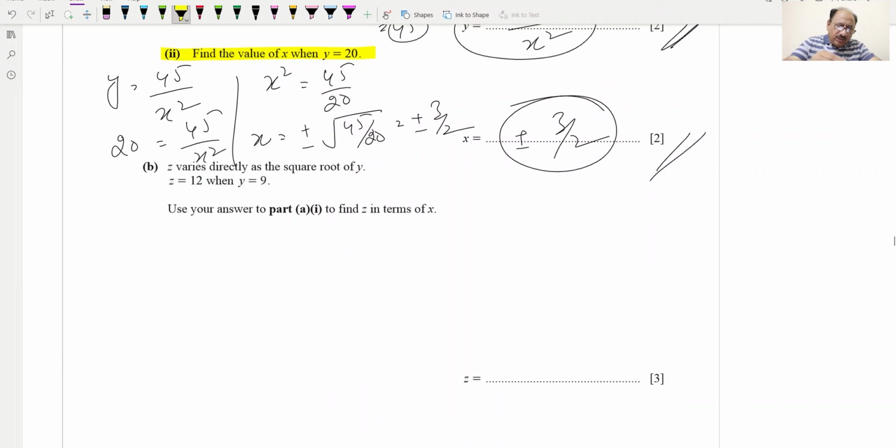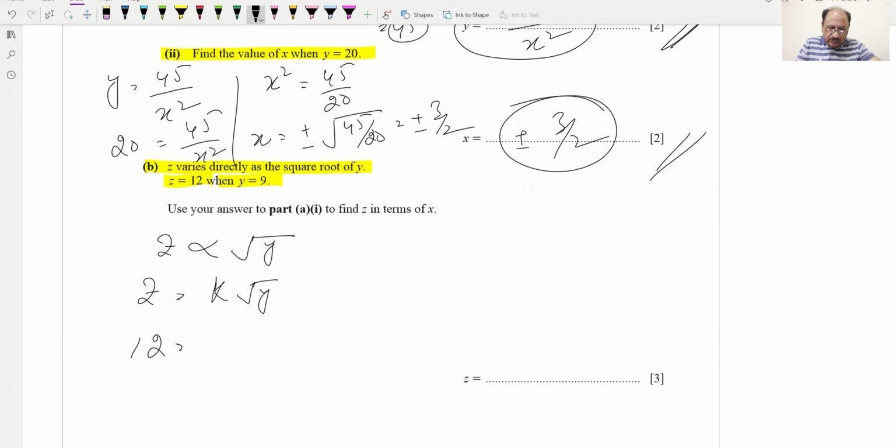Now B part says z varies directly as square root of y. So we can write this as z varies directly as square root of y. It means z is equal to k into square root of y, and they are saying z is equal to 12 when y is equal to 9.